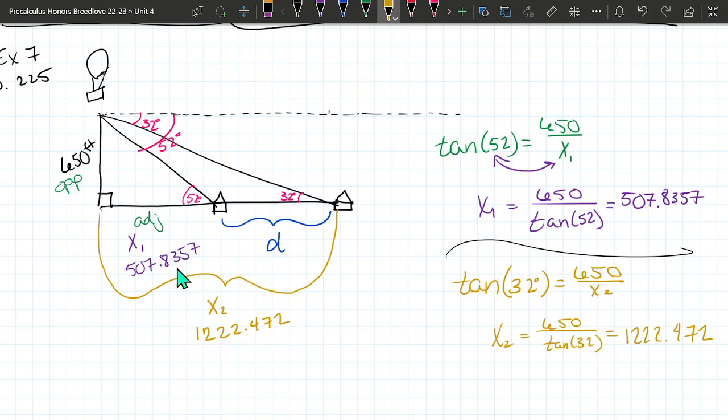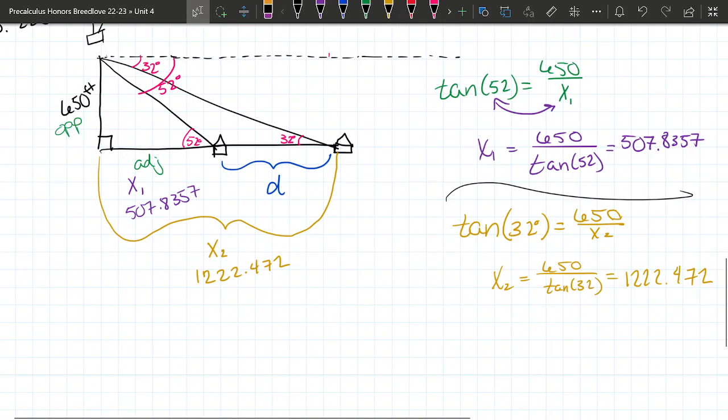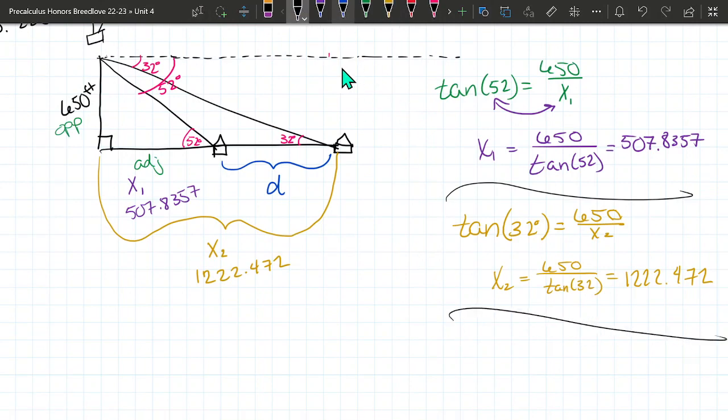So if I subtract, that will give me D. So then D equals x2 minus x1, or 1222.472 minus 507.8357.